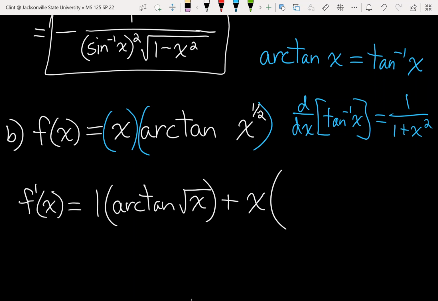But pay attention that this is x, so we end up with x squared. When we use it here, we're going to have x to the 1/2. So when we square x to the 1/2, we're just going to get x. So for the inverse tangent part, we'll have 1 over 1 plus x to the 1/2 squared.